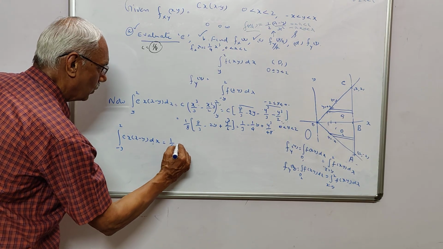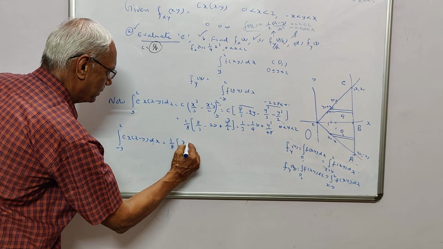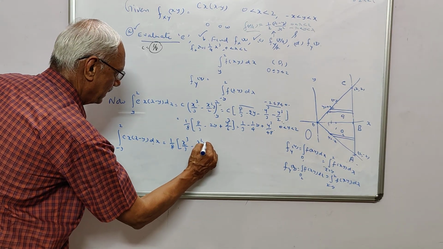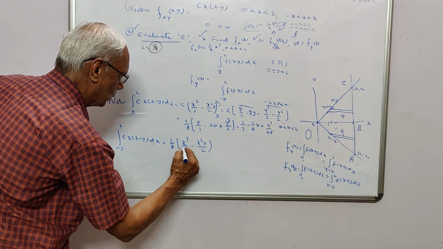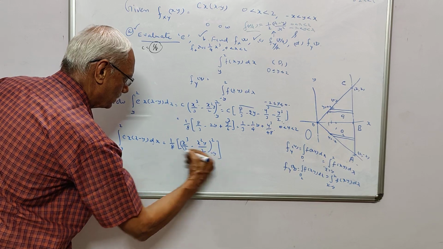That is equal to 1 by 8 into x cubed by 3 minus x squared y by 2, and this is from minus y to 2.